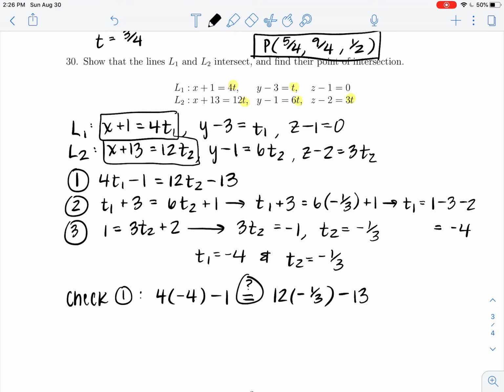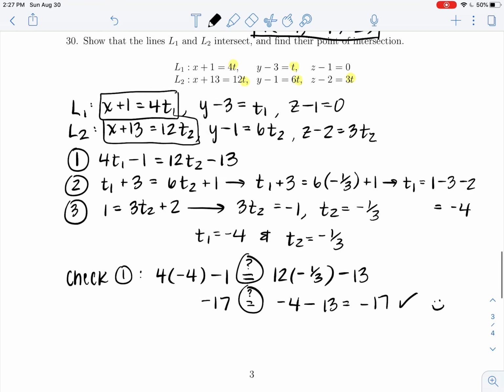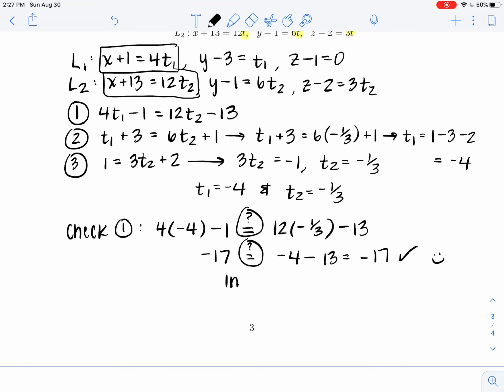On the left-hand side, I have negative 16 minus 1, which is negative 17. And again, let's check here. 12 times negative 1/3 is negative 4, minus 13. Sure enough, that is negative 17. Yay, happy face. This is checking out. So what this tells me is when T1 is negative 4 and when T2 is negative 1/3, both L1 and L2 are going to have the same x, y, and z coordinate. This proves intersection.